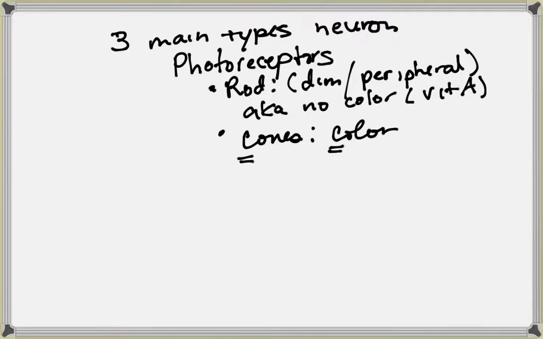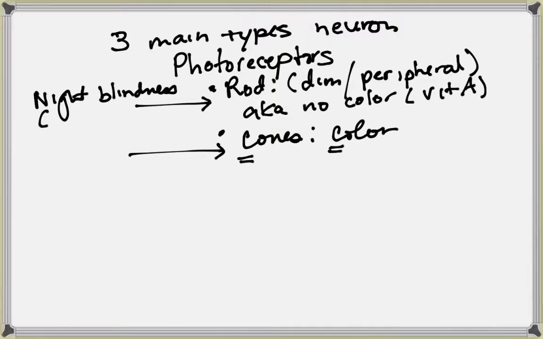And there are homeostatic imbalances for each. For instance, if rods don't work right, you get what's known as night blindness. This is from a lack of vitamin A, so if you take in more vitamin A, it should help your night blindness. For cones, a disorder noted for them is color blindness.